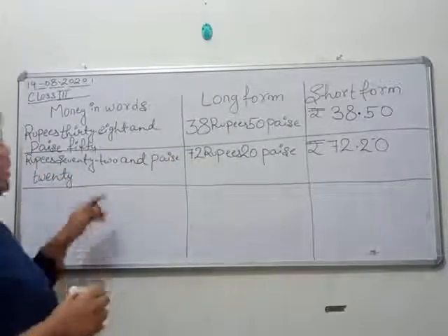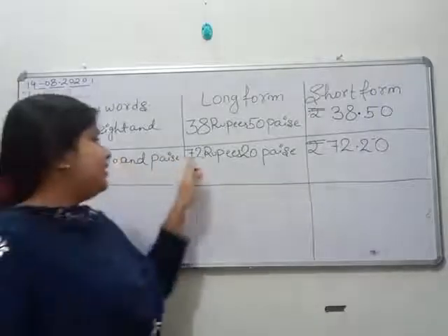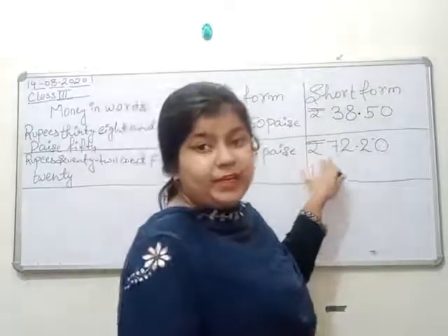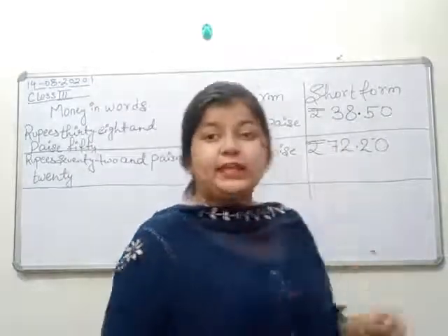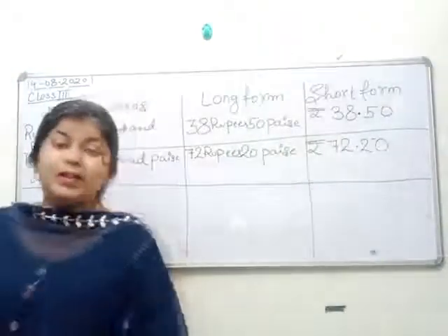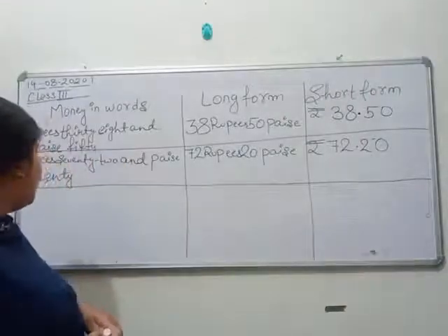So, rupees 72 and paise 20. That means 72 rupees and 20 paise. And in short form, we have written it with the rupees sign. Okay. Moving toward the third question. Let us write it. I am going to write one more question.